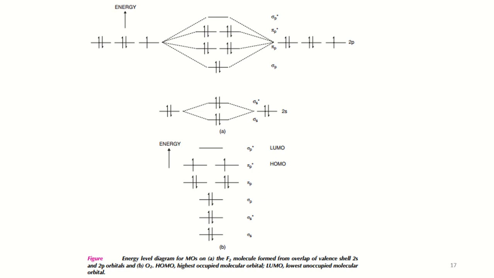For example, in case of fluorine F2, we can see in this picture, which has the electronic configuration 1s2, 2s2 and 2p5. There are 14 valence shell electrons available, and these occupy molecular orbitals as shown in this figure A.